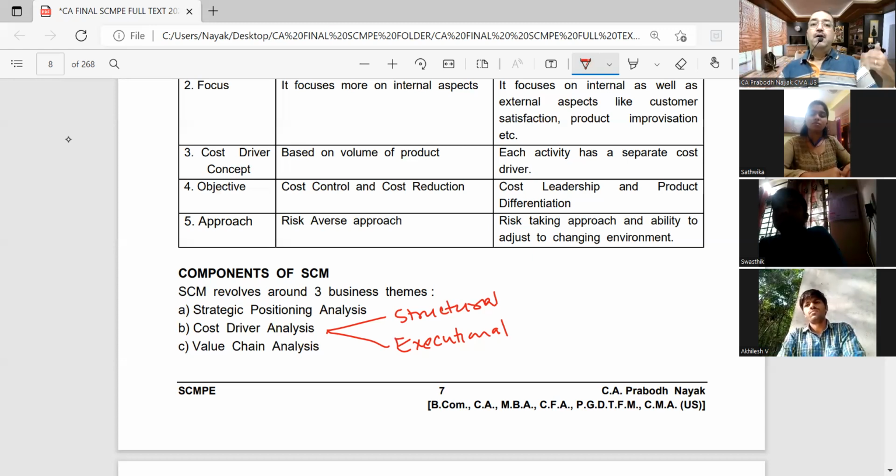For example, supplier is manufacturing my raw materials. So quality of raw materials, timely delivery of raw materials, logistics involved in the transportation cost, inspection of the raw materials received.